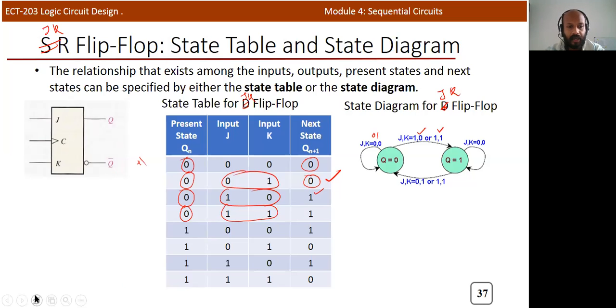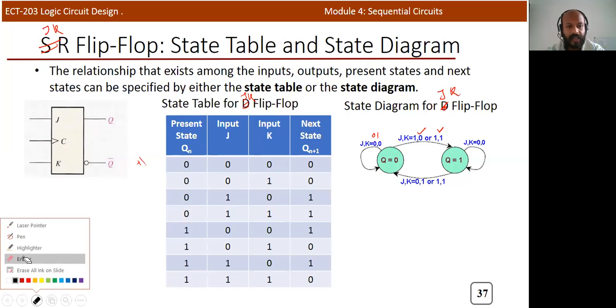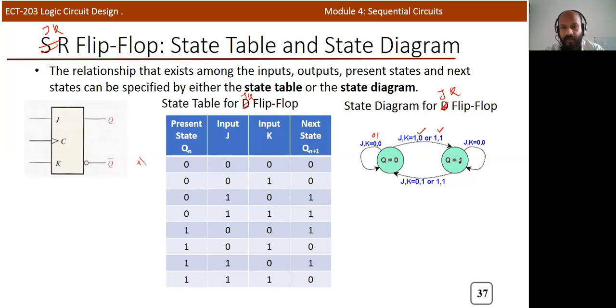And now we can consider the other state 1. When Q is equal to 1 and the JK inputs are 0 0, the next state is the same, Q equal to 1. So we can see again going back to the same state, the Q equal to 1 state.